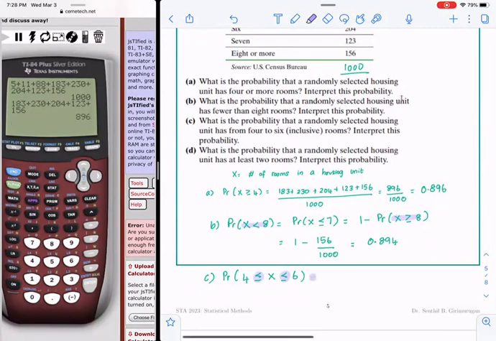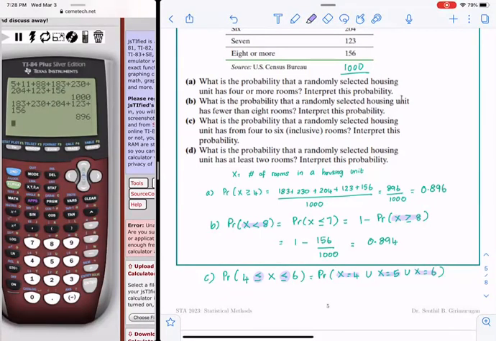What does it mean? That simply means the probability that the number of rooms X is equal to 4, or X is equal to 5, or X is equal to 6. So 3 events, and they are connected by or. So we have to use the addition rule.